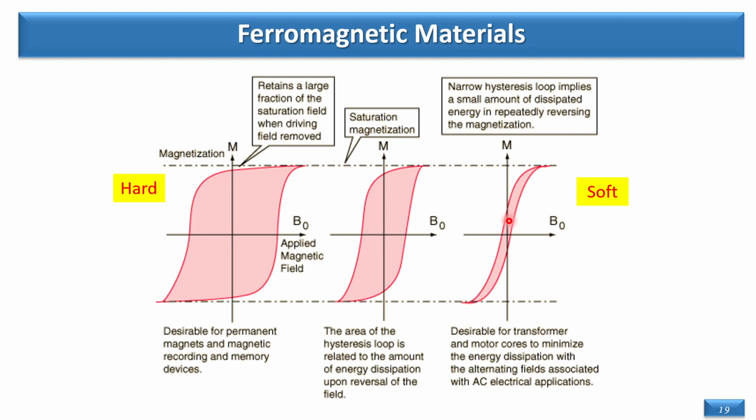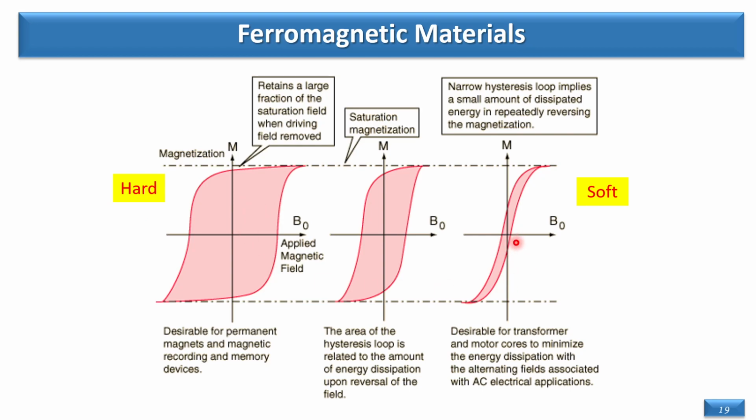If this value is small, like in this case, we say this is a soft ferromagnetic material and its hysteresis curve will be slim and thin. If the residual permanent magnetic field is large, we say this is a hard ferromagnetic material.